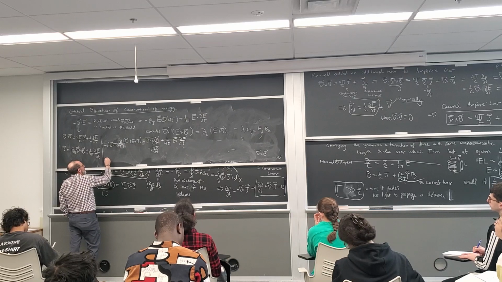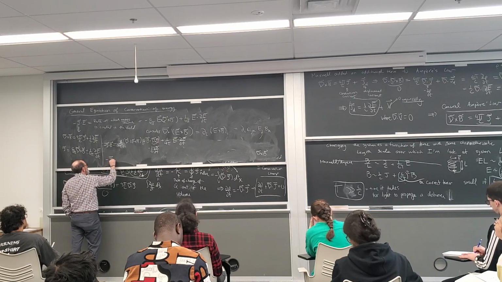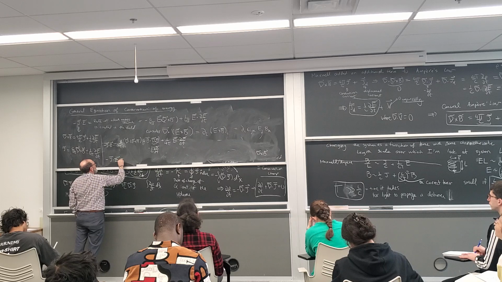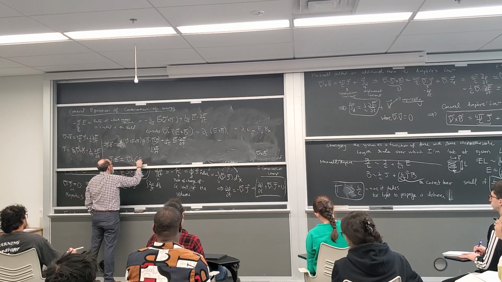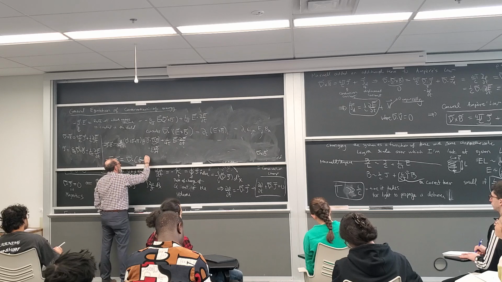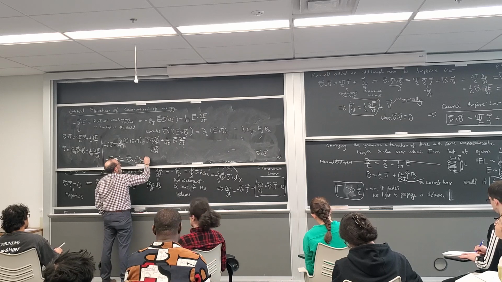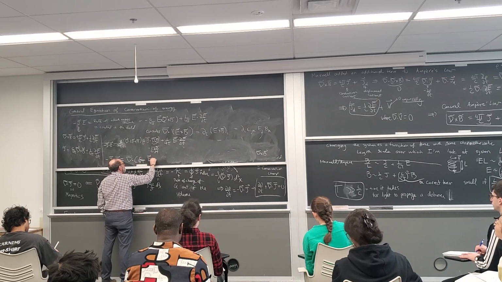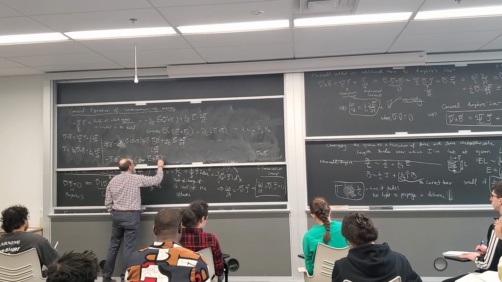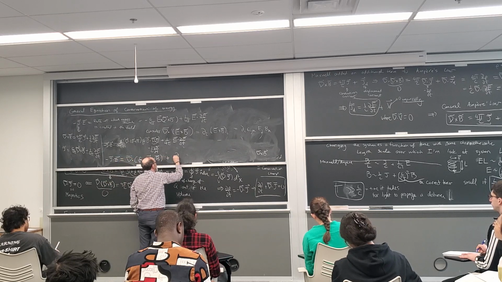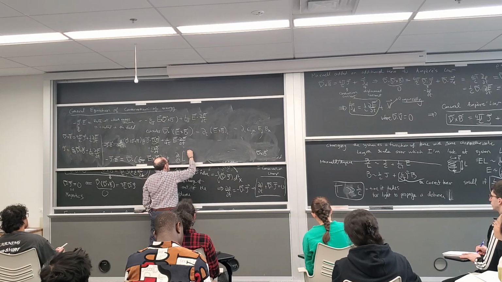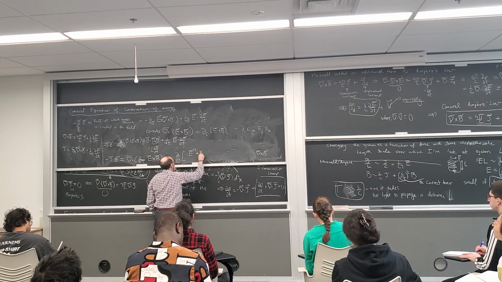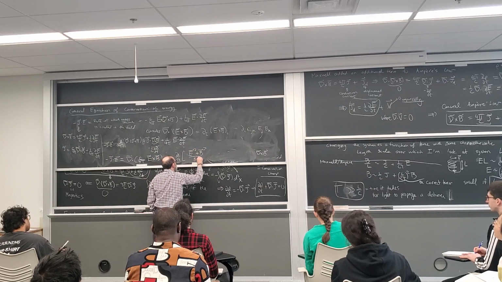I get that minus j dot E is equal to the divergence of c over 4 pi E cross B, plus d by dt of (E squared plus B squared) over 8 pi.